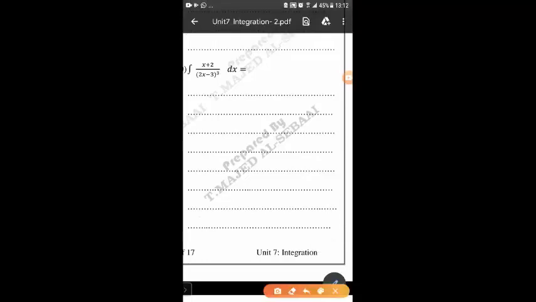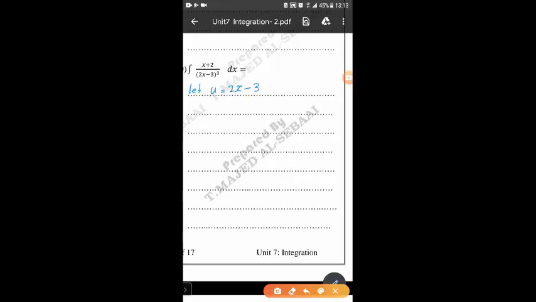I will say let u equal, what do you expect? Can you expect, please? Put it in your mind, and if it is correct, that means you are good. You started to know how to use the proper substitution. This will be 2x minus 3. Did you expect that?